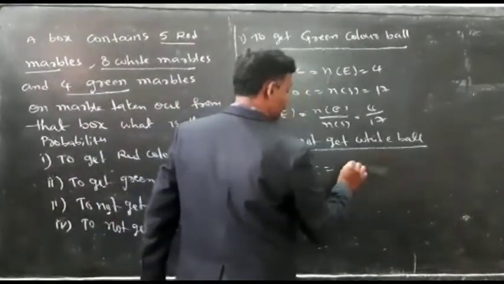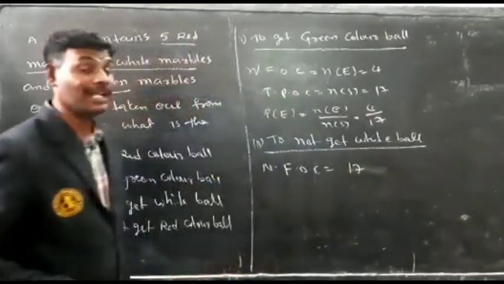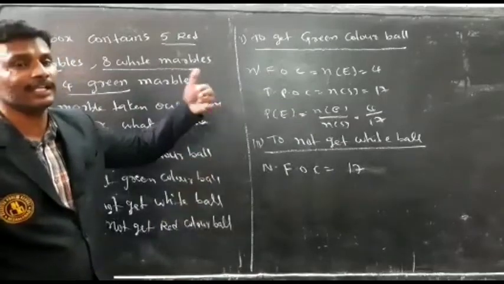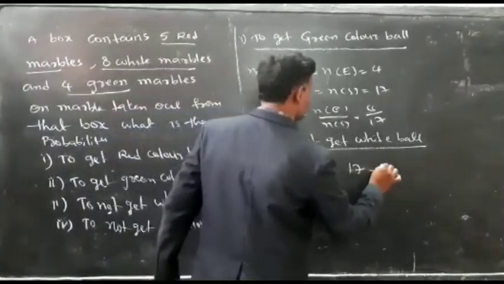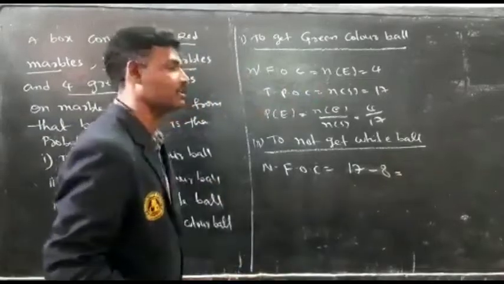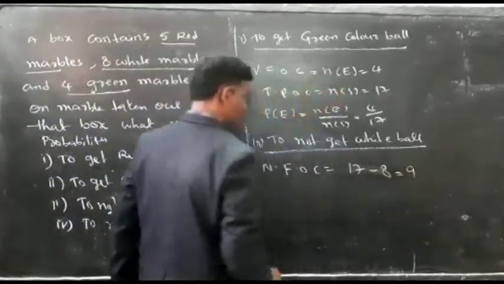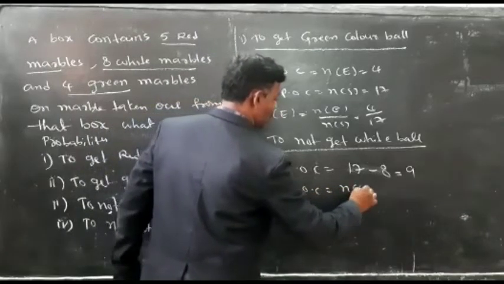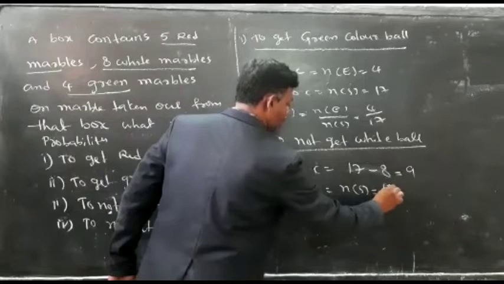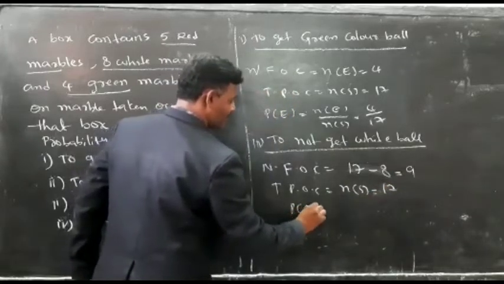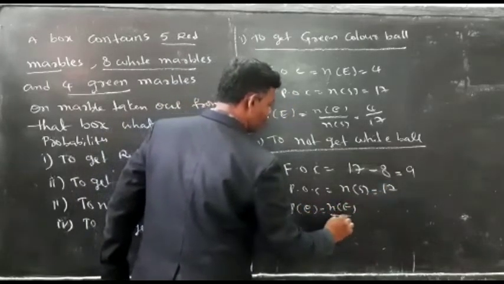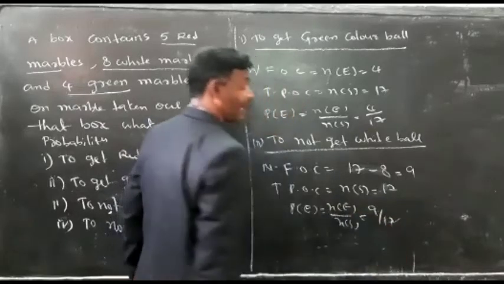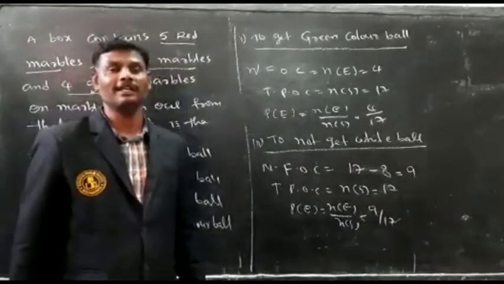From the total 17 balls, he doesn't want white color, so subtract the white color balls. 17 minus 8 is equal to 9. Total possible outcomes N of S is equal to 17. So what is the formula? P of E is equal to N of E by N of S is equal to 9 by 17. So there are 9 chances to not get a white color ball.